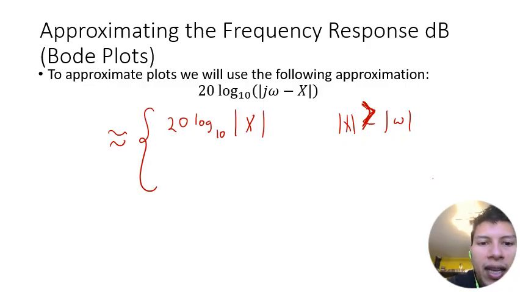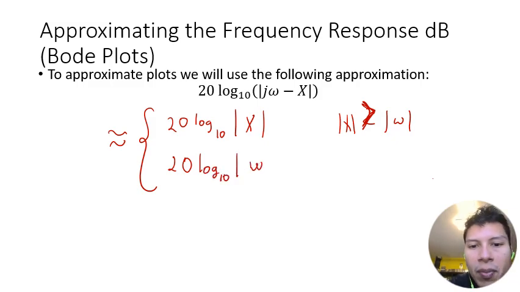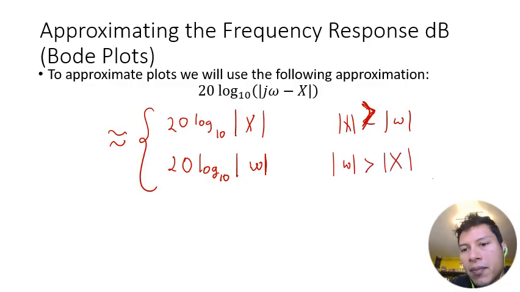And then we're going to approximate an expression that looks like this by 20 log base 10 of omega whenever omega is greater than capital X. Basically, we're just going to pick the bigger one of the two and say that's the value of the magnitude. Now, why do we want to do this?